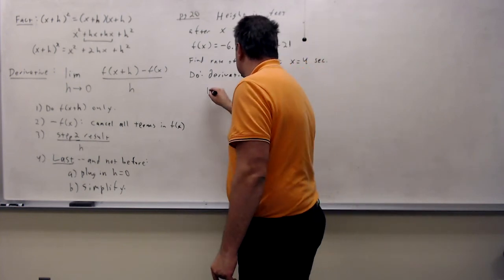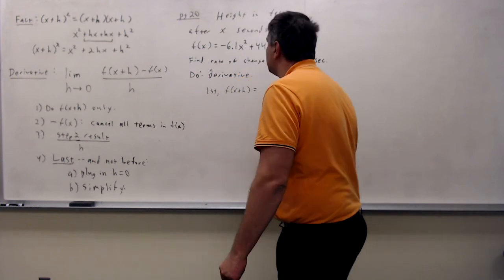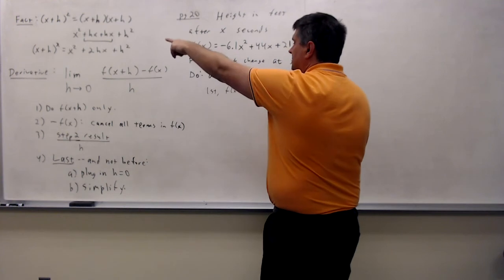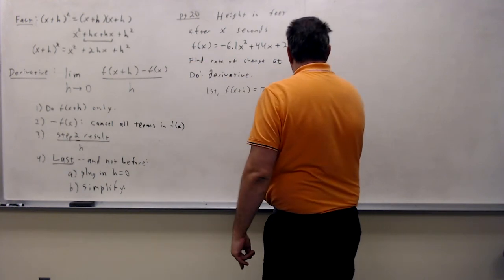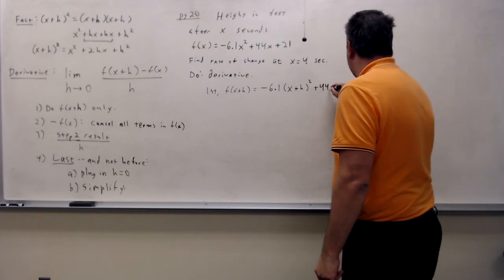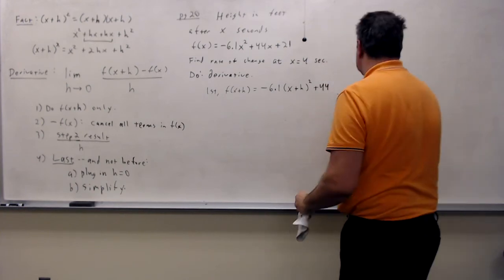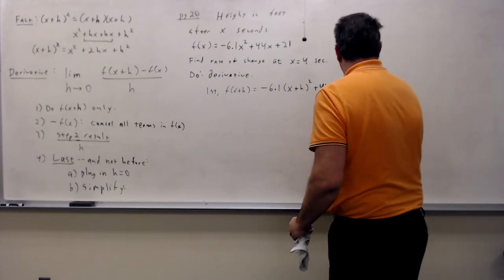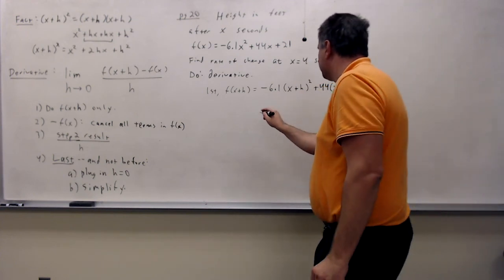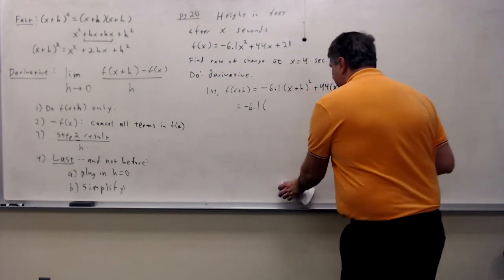So first, f of x plus h equals negative 6.1 times x plus h squared plus 44 times x plus h plus 21. Okay? I'm going to pull this back a little bit to make sure there's plenty of room. So that's going to be negative 6.1.